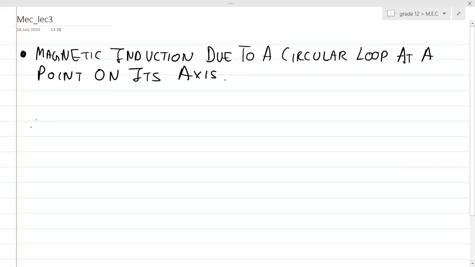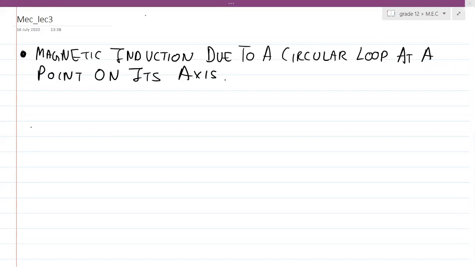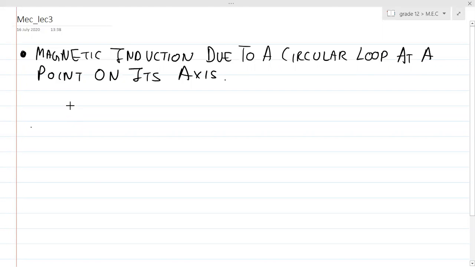So now see, guys. Suppose you have a current carrying circular coil. Okay. And this part is dashed. I won't draw it like this, I will draw it like this.